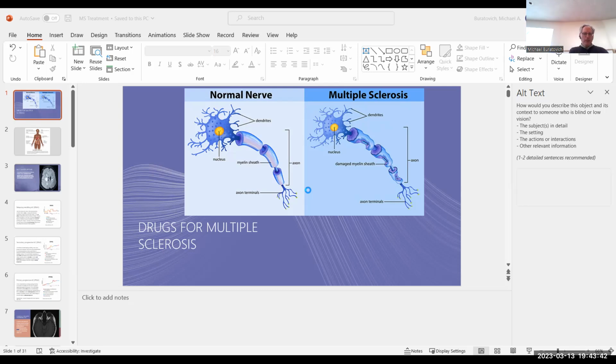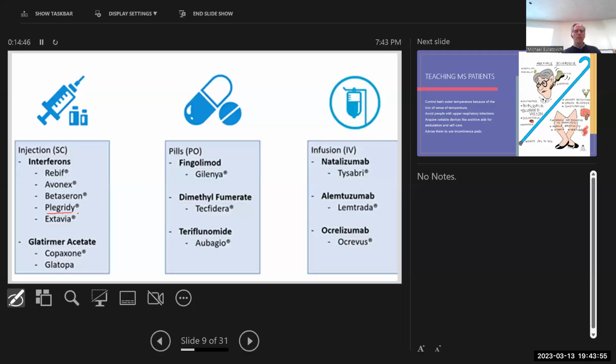Some of these have to be injected once every 2 weeks. So, for example, this one, Pellegrini, has to be injected every 2 weeks.